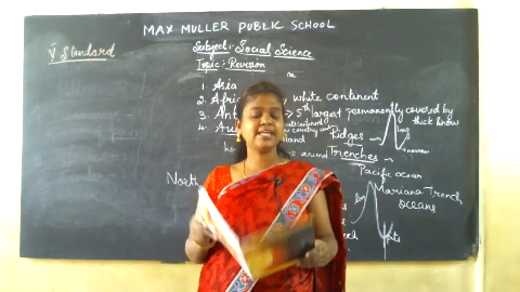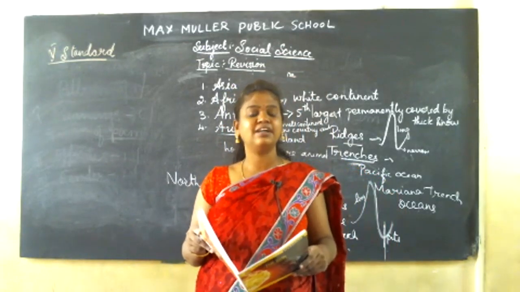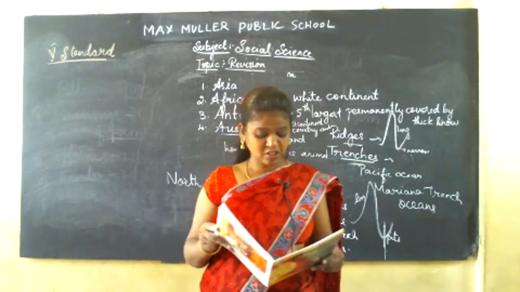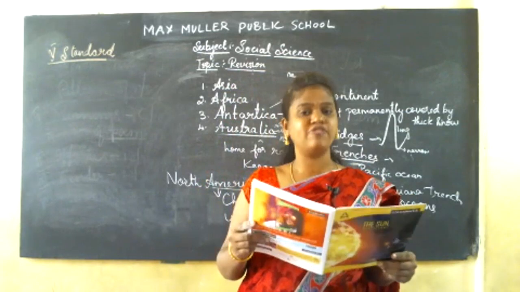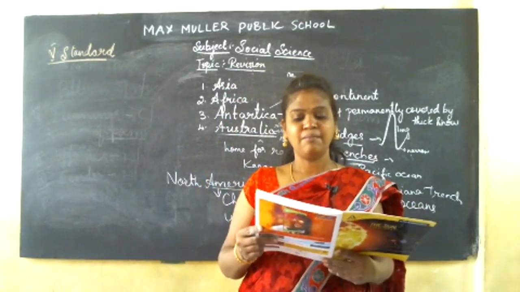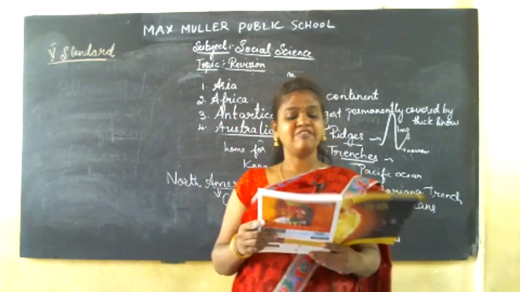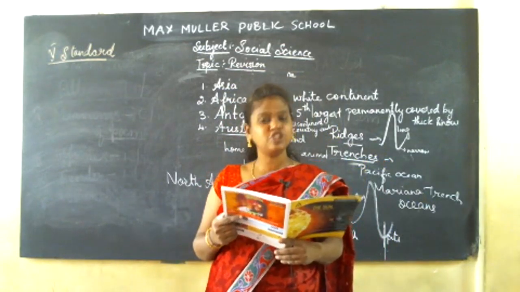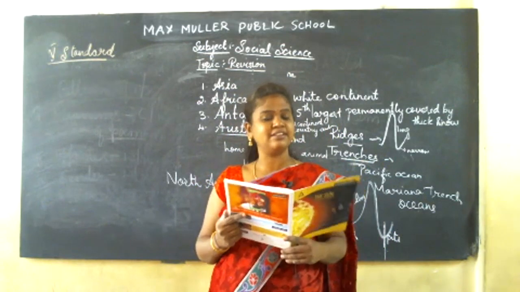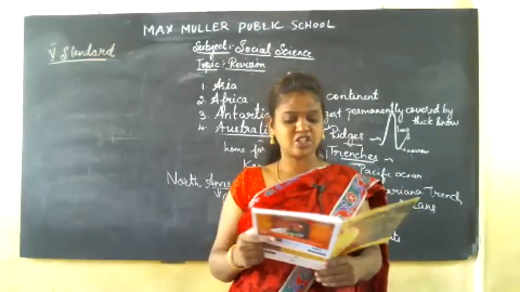Third one, explain ridges and trenches. Ridges are long, narrow pieces of highland along the top of hills or mountains. Trenches are long, narrow and very deep pits in the ocean, most of them in the Pacific Ocean.